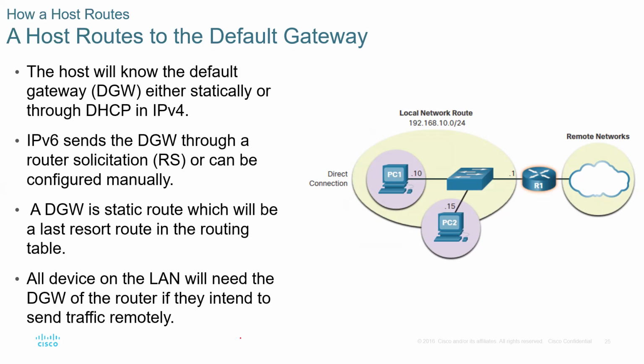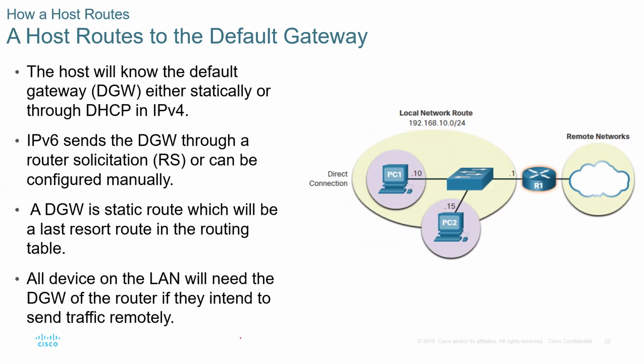We can as well use DHCP, where the dynamic protocol is used to dynamically assign IPv4 addresses. With IPv4, we have DHCP. With IPv6, we have router solicitation.